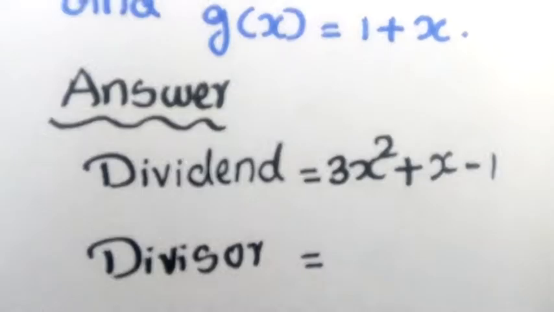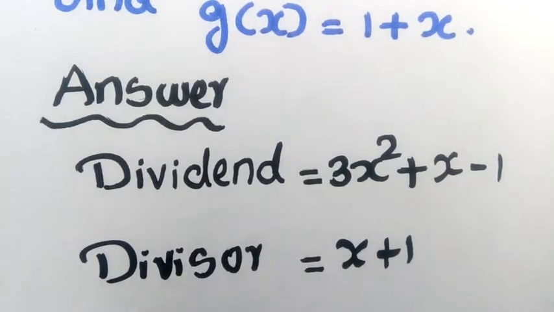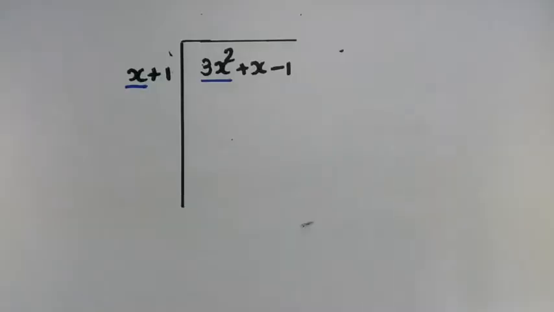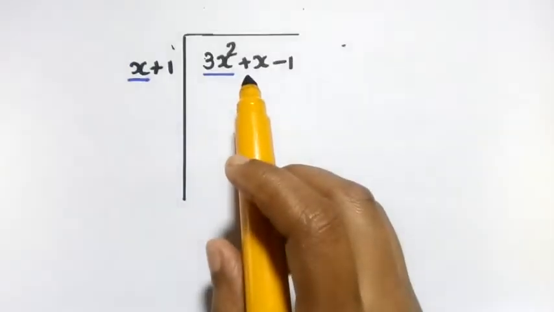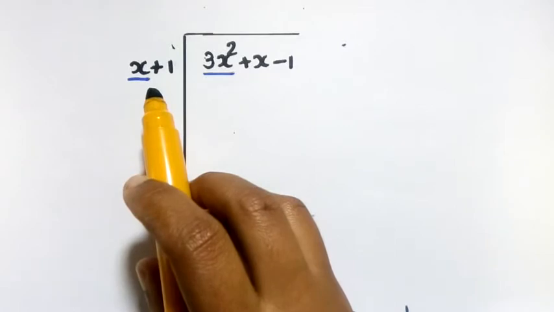So, the divisor is equal to x plus 1. Now we have arranged the dividend and divisor in the standard form. In most questions, the dividend and divisor are already in standard form. We are using the long division method for finding the answer. While doing division, the dividend should be inside the division box and the divisor should be outside the box.